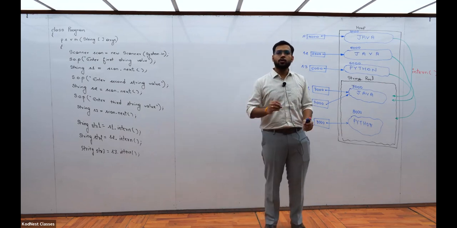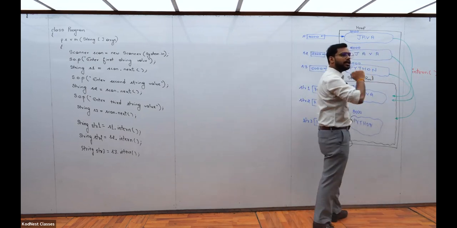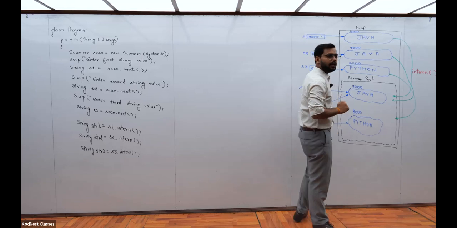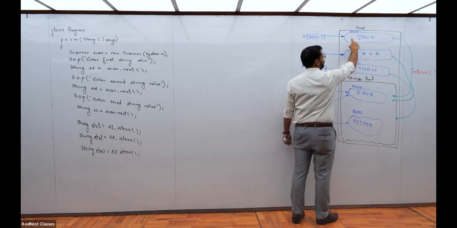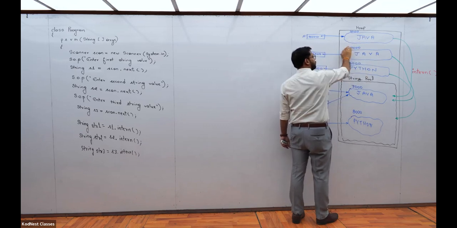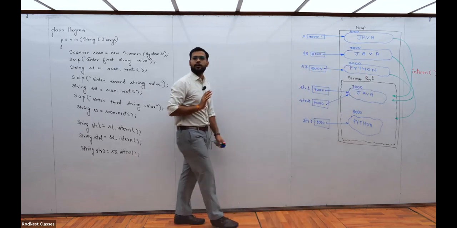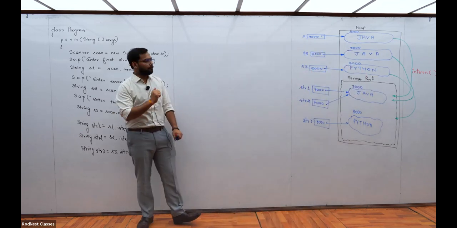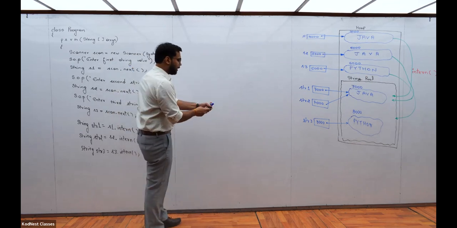This is the use of something called the intern method. So actually what will the intern method do? It will transfer or shift the string objects which are available outside the string pool to inside the string pool. Sir, any proof for this? Yes. How I can prove it to you is something like this.